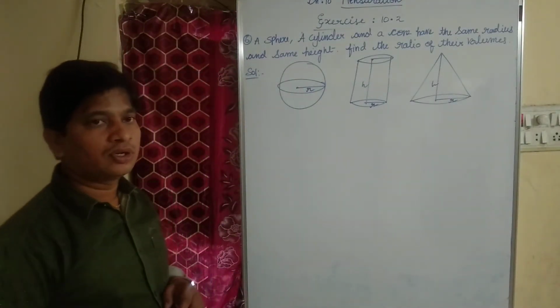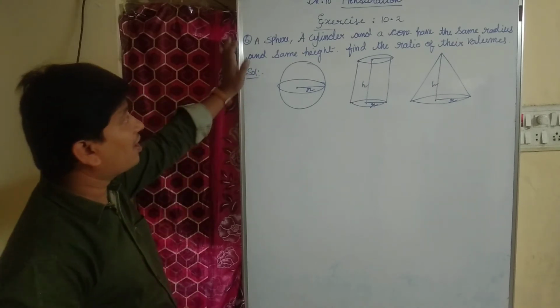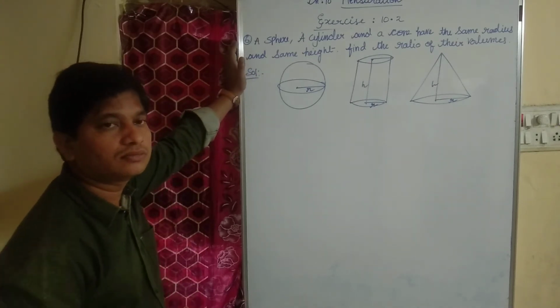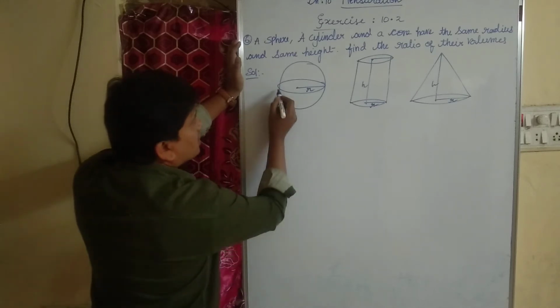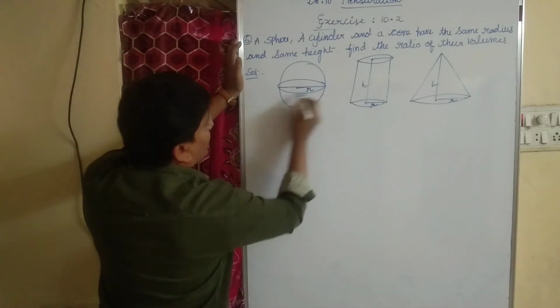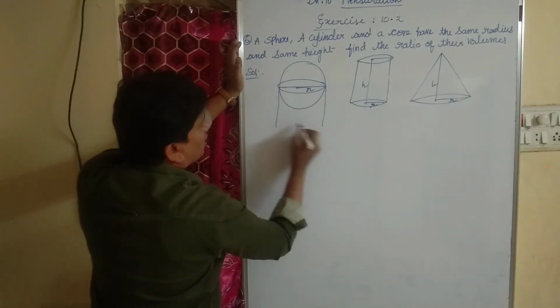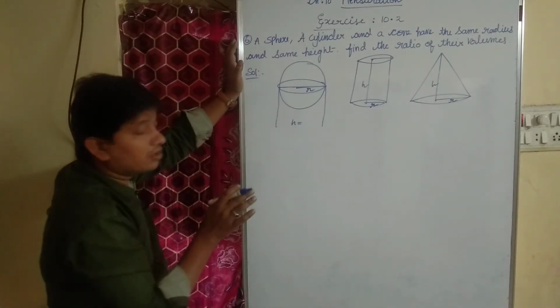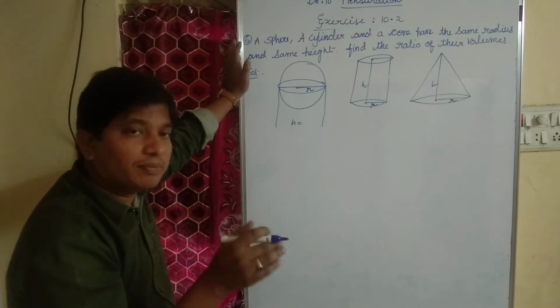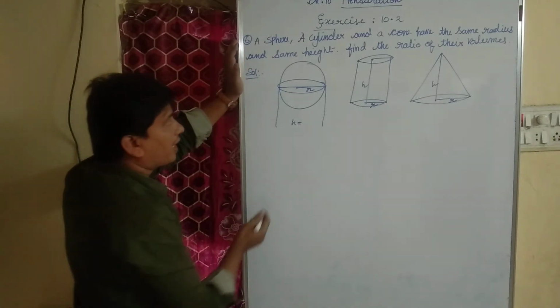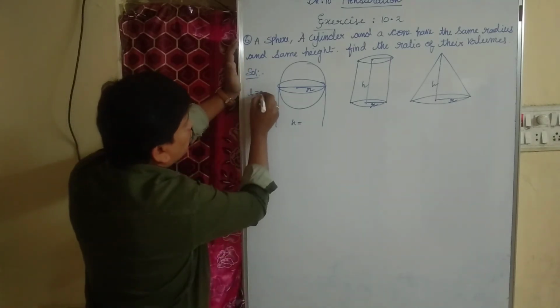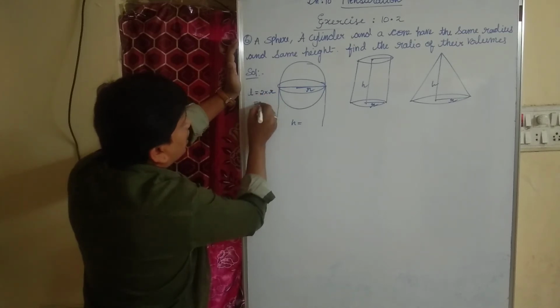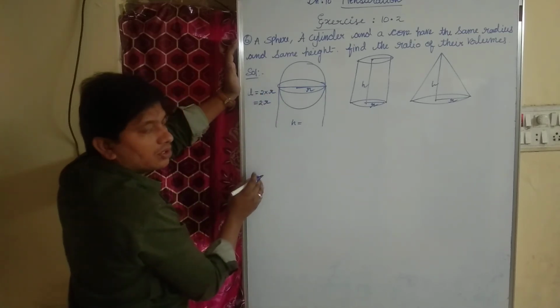Could you guess what is the height of the sphere here? The height of the sphere will become the diameter of the sphere. We know that diameter is 2 times the radius, which is 2r.